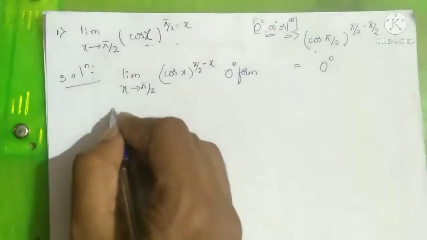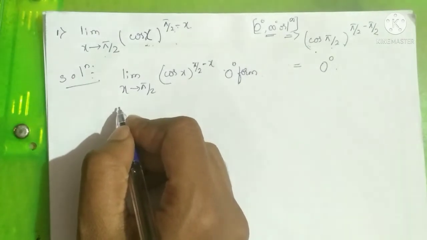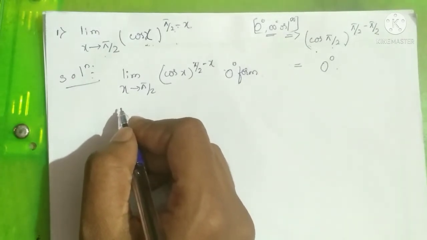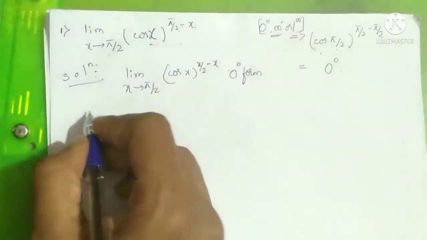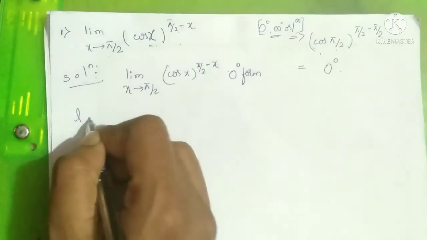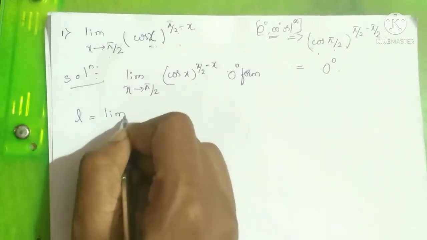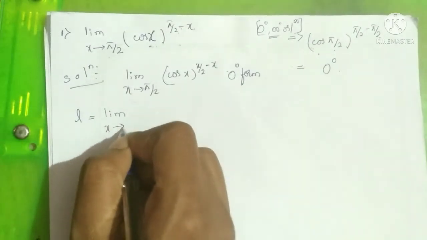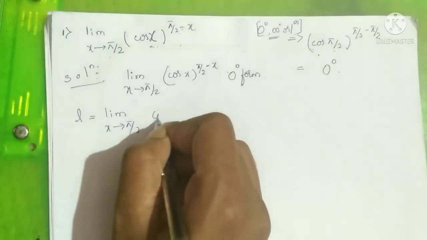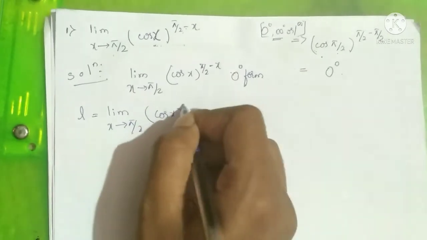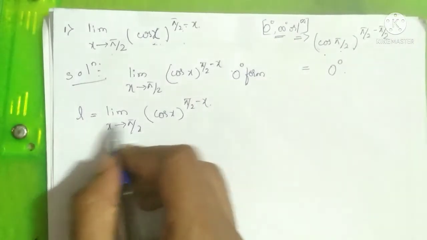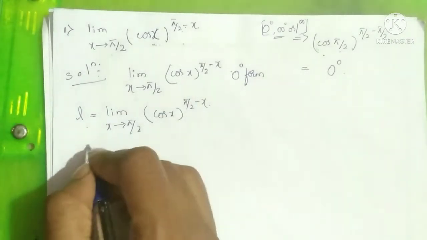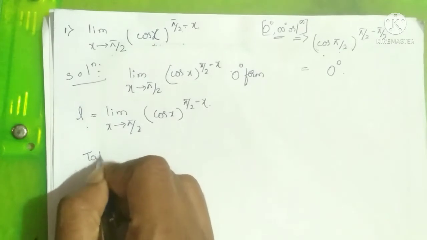After that, you have to always remember in type 4 to equate the given function to L. So L equals limit x tends to pi by 2 of (cos x) whole to the power of (pi by 2 minus x). Don't forget to carry the limit. Now after equating this to L, you have to take logarithm.